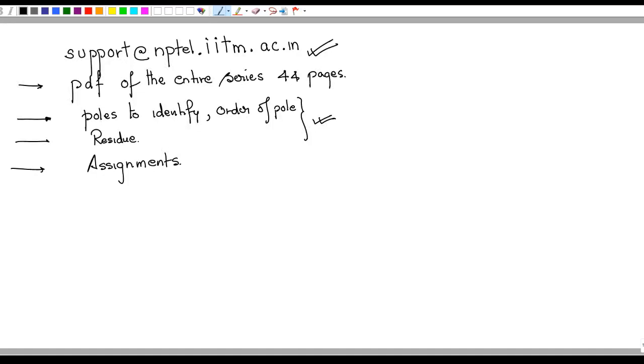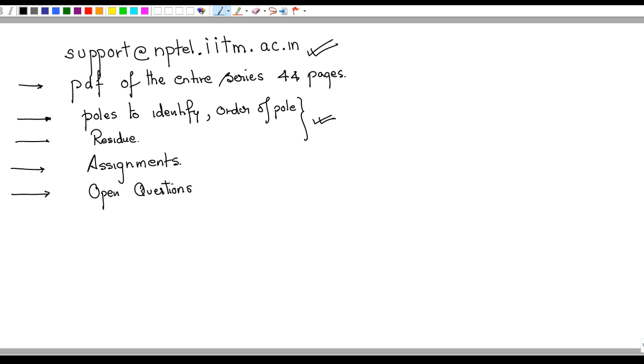So there will be one set of questions on that. Then there is another group, questions based on the understanding you have gained in the whole lecture series. So these are open questions, kind of.